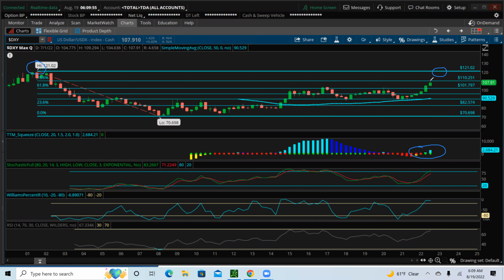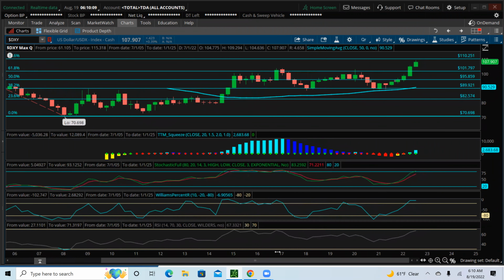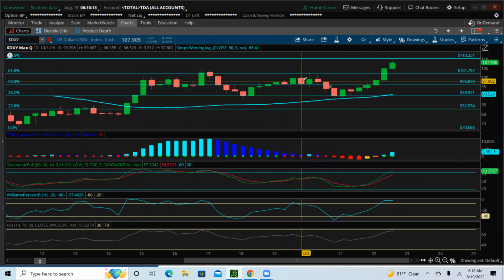Right now, the dollar's right up to a fib retracement level on this quarterly chart. And this is a fib that I drew about a year ago just to track the overall movement in the dollar from the highs back in 2001.